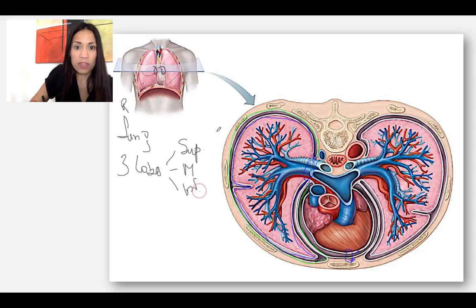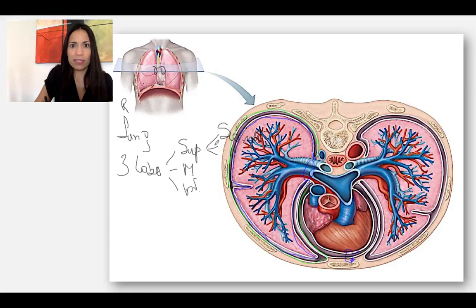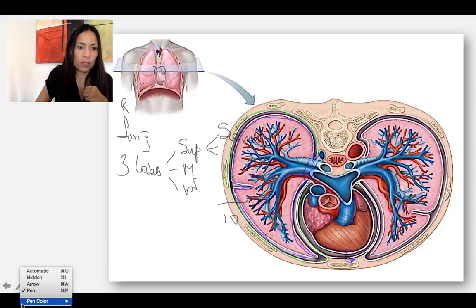Now, each of these lobes is subdivided into segments, the pulmonary segments that can be seen with the naked eye. So don't worry, but in total we have about 10 pulmonary segments in each, the right and the left lung.